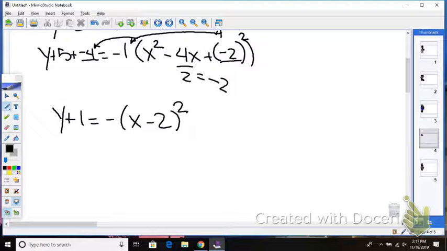Do you have to put that 1 in front of the parentheses at all, or does it matter if I just use negative? You can just do the negative.